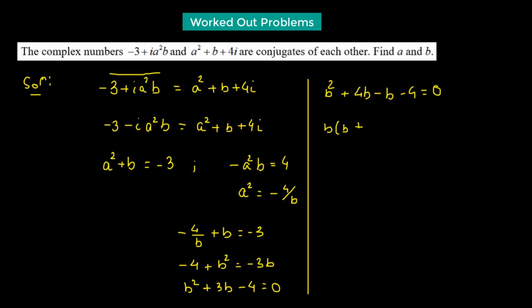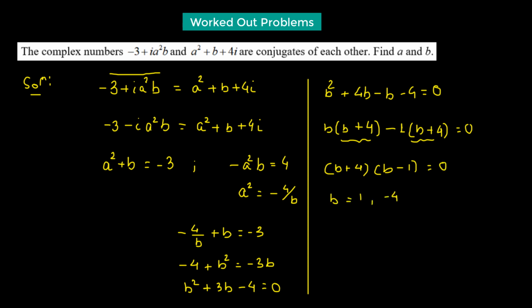Factoring out b, we have b times b plus 4, and we can factor out -1 from the third and fourth terms, which leaves us with b plus 4. Then we have b plus 4 as the common factor from the two terms, so we have b plus 4 times b minus 1. Then solving for b gives us b equal to either 1 or -4.